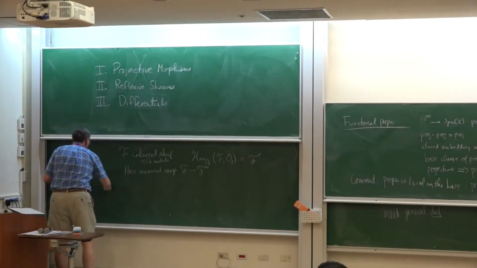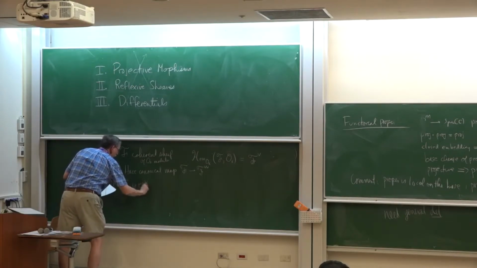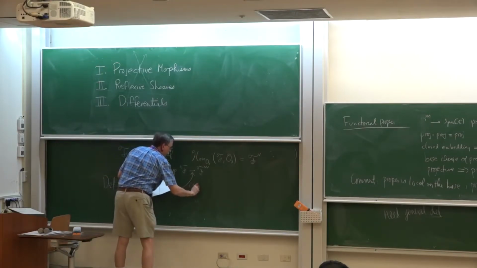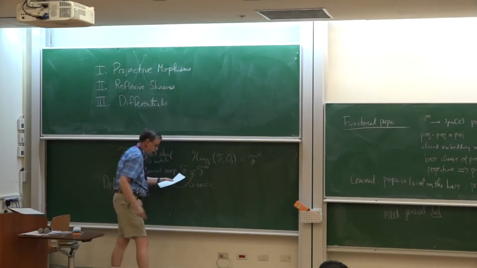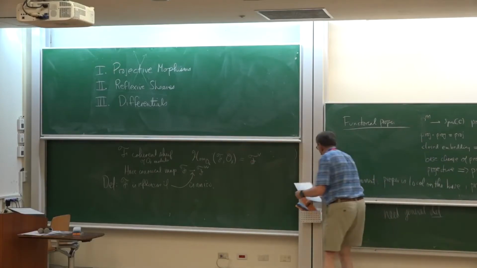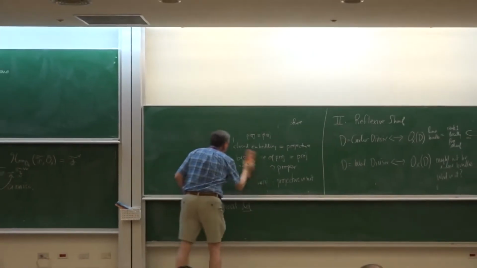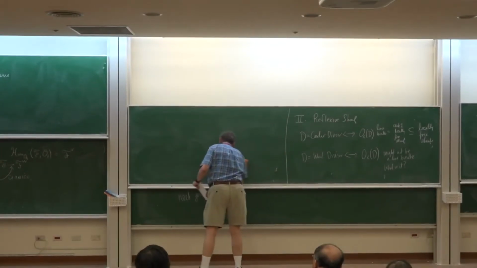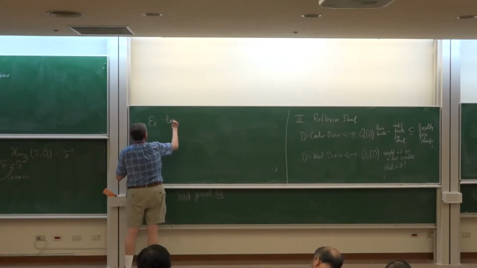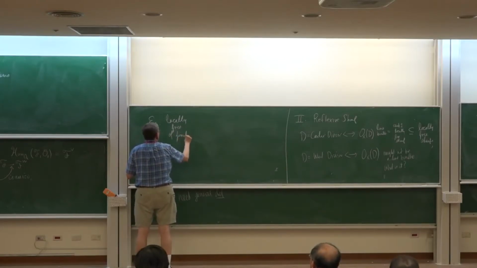And then the definition is that F is reflexive if this map is an isomorphism. And so it turns out that one simple example is when I have locally free of finite rank.